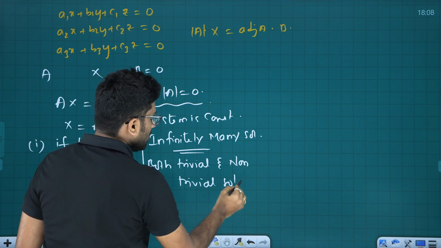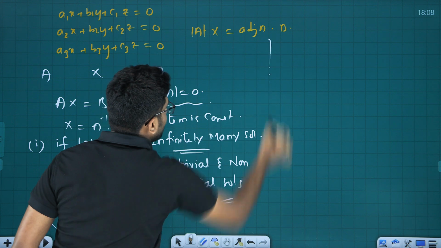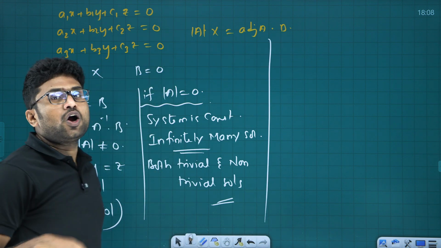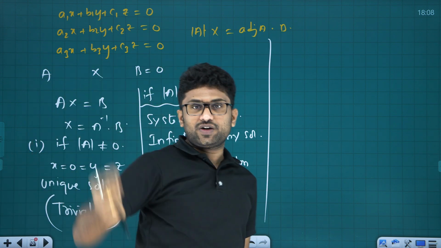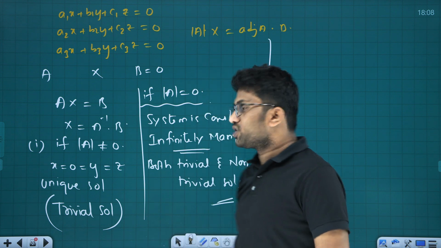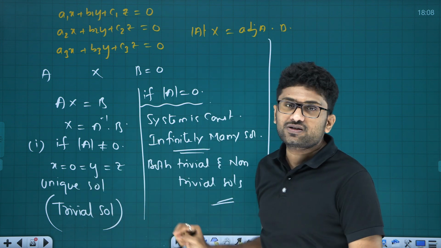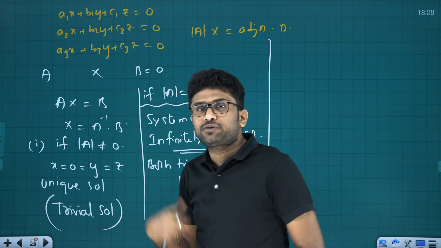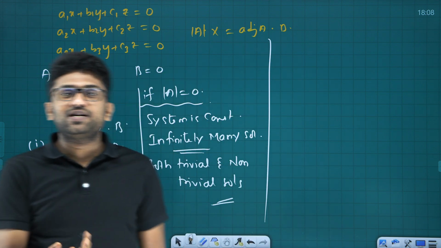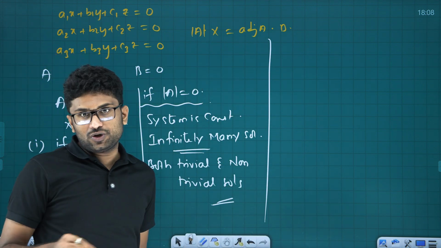Non-trivial means except 0, 0, 0, friends. Trivial solution means x0, y0, z0 is the trivial solution. Non-trivial means apart from 0, 0, 0, all the remaining solutions are called non-trivial solutions.